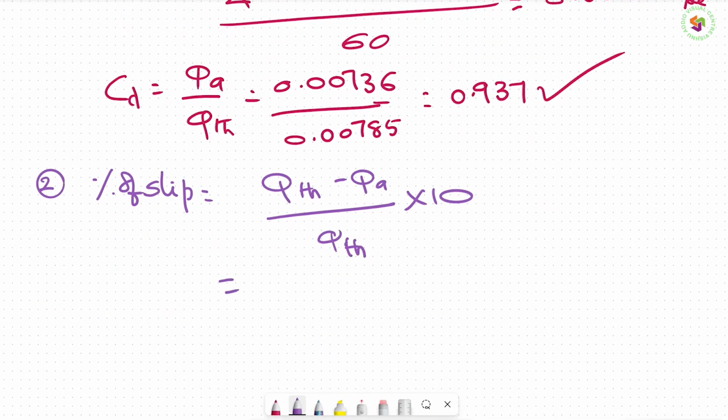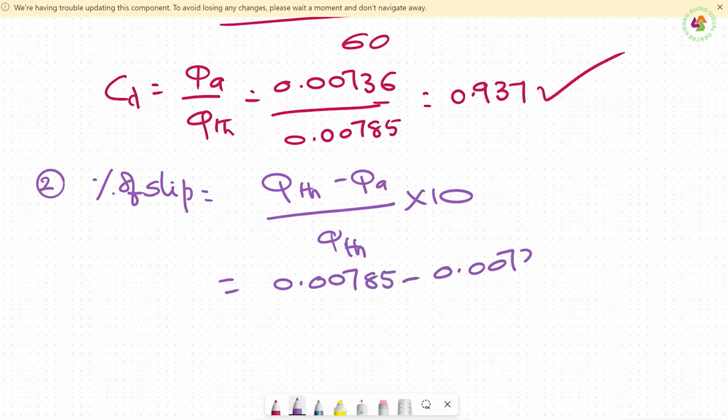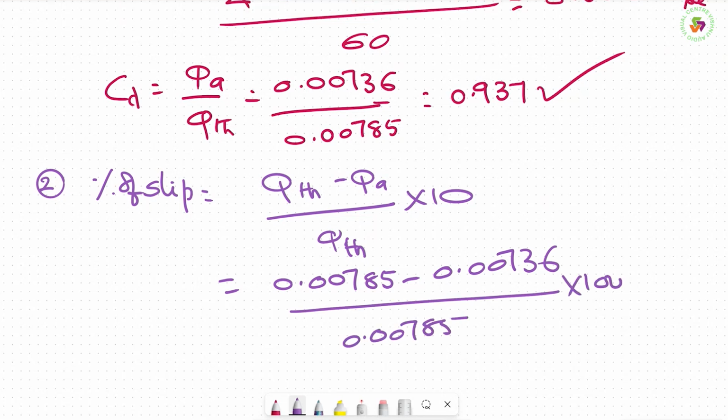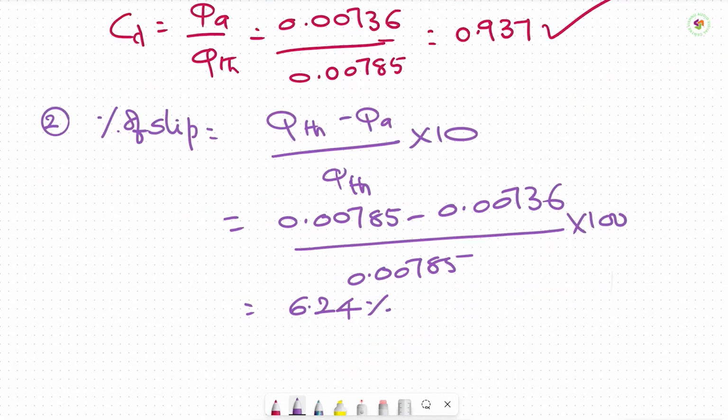Q theoretical is 0.00785, minus 0.00736, divided by 0.00785, into 100. If you calculate this, how much are you getting? Basically around 6.24%. This is the percentage of slip.